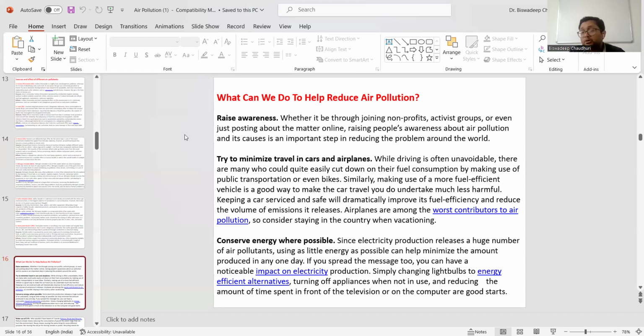If you are not aware, you can do anything you want. If you are aware, your conscious mind will stop you from such dangerous activities. As a result, we can clean our air. So awareness is the most important part, especially for young children, because they will be the citizens of tomorrow.